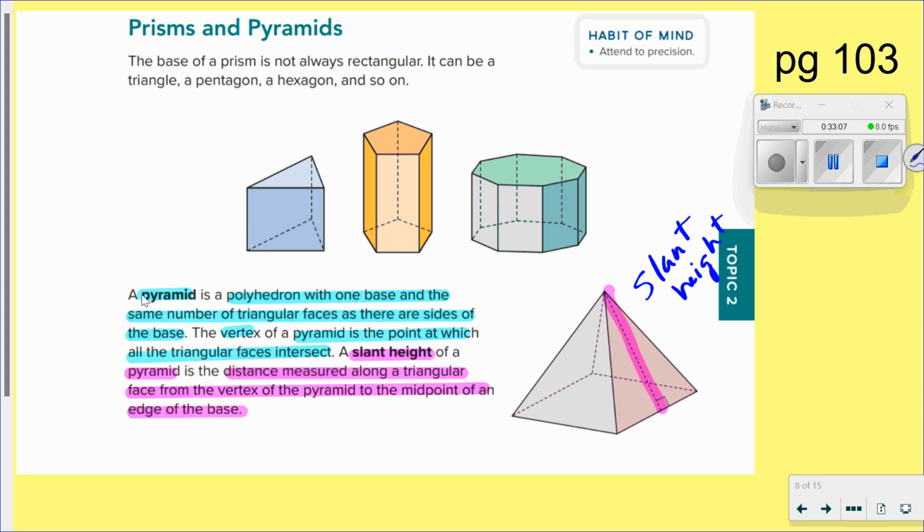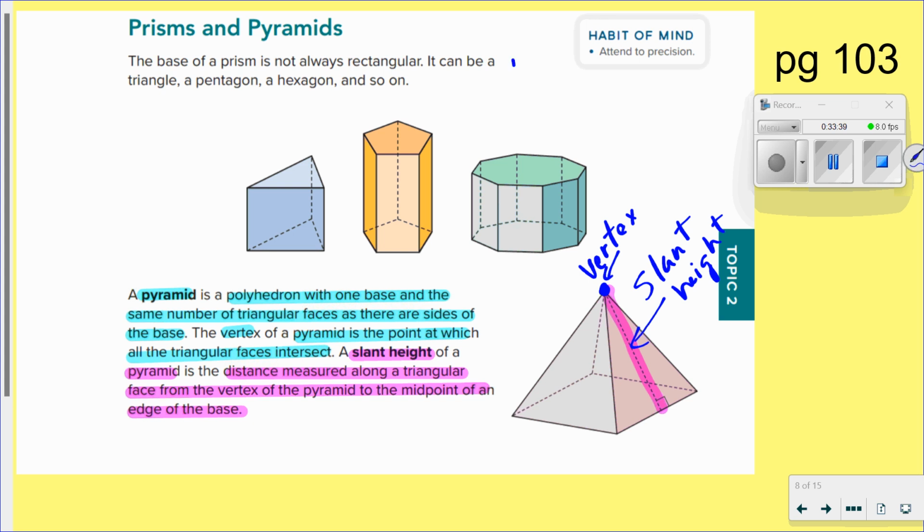In a pyramid, we're going to have as many triangles around it as my base has sides. Okay? The vertex is this one point all the way at the top. That is your vertex. The slant height is that one that's in purple. The vertex is the one point that's right at top. These become very important as we start talking about naming these types of figures.